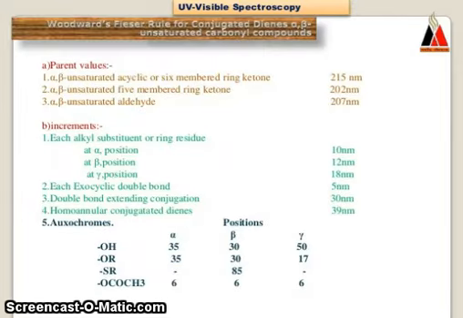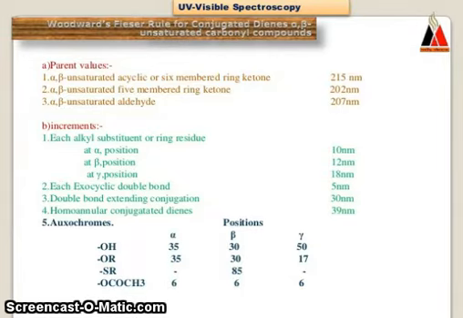Now the Woodward Fieser rule for alpha beta unsaturated carbonyl compounds. The parent value for alpha beta unsaturated acyclic or 6-member ring ketone is 250 nanometer, alpha beta unsaturated 5-member ring ketone 202 nanometer, and alpha beta unsaturated aldehyde 207 nanometer.